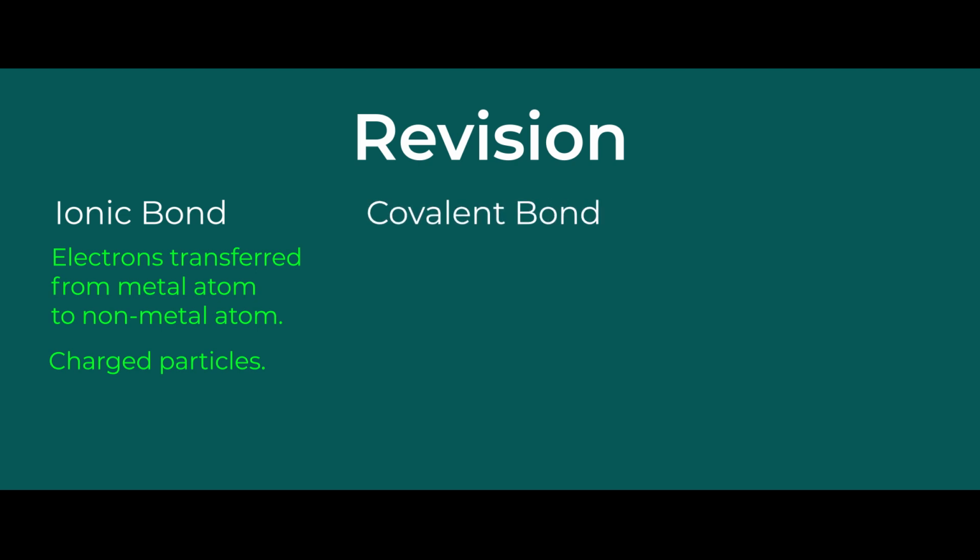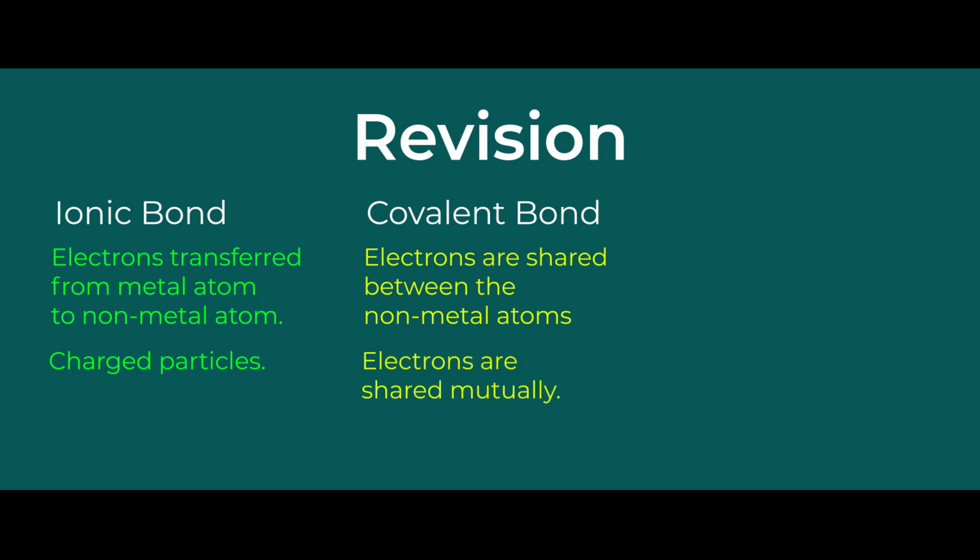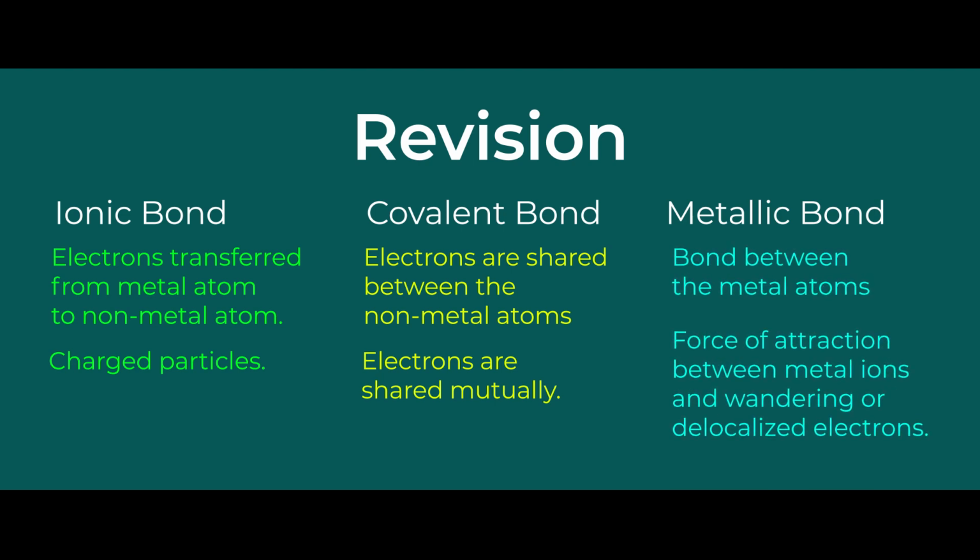A covalent bond is formed by sharing electrons between non-metal atoms and electrons are shared mutually. And the last type of bond we have studied is metallic bond. It is a type of bond formed between the metal atoms. The force of attraction is between the metal ions and the wandering or delocalized electrons. So these are the three types of bonds that we have studied today.